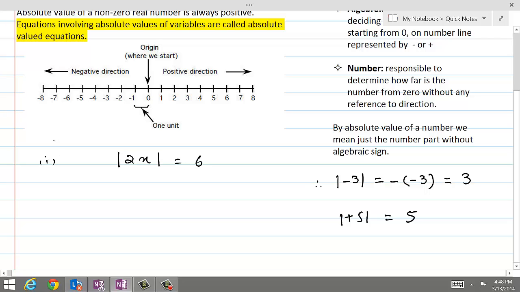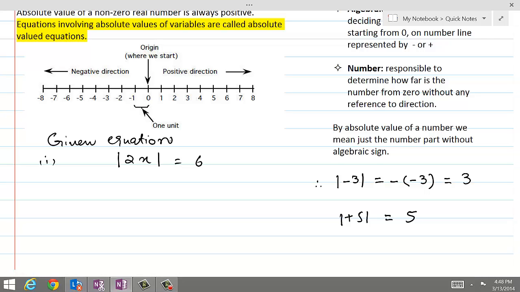This is the given equation. Whenever there is a mod of a variable involved, we will break that mod into two possibilities. One, maybe x is positive, one time it may be negative.